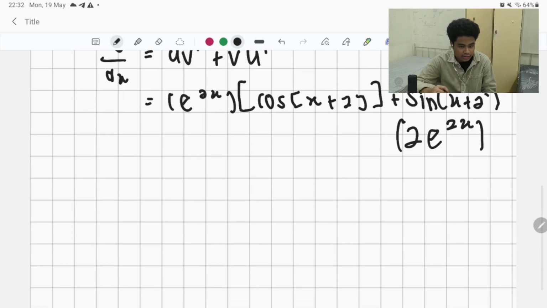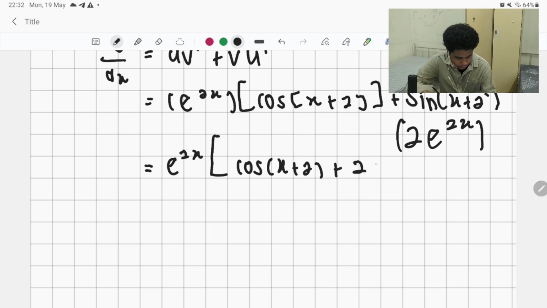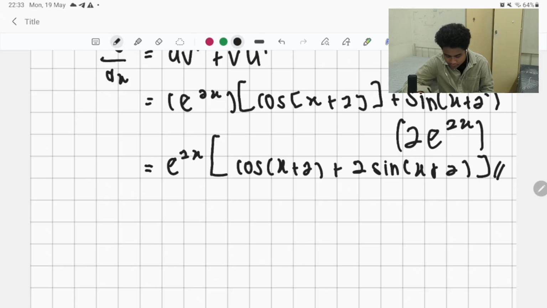But this isn't the final answer yet, because you can factorize. The final answer will be e to the power 2x times cos(x plus 2) plus 2 sin(x plus 2). So this is the final answer. That is for question 2a.